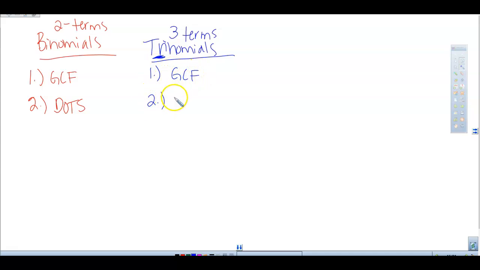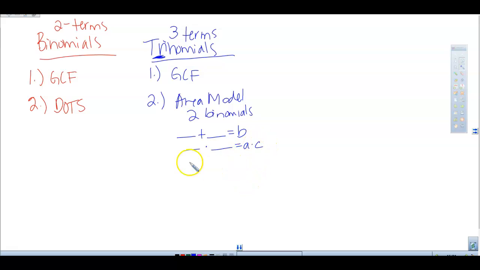Then the second thing you want to do is your area model to create 2 binomials. Remember, that's when you do blank plus blank equals B, and blank times blank equals A times C. And then at the very end, you want to check for dots.